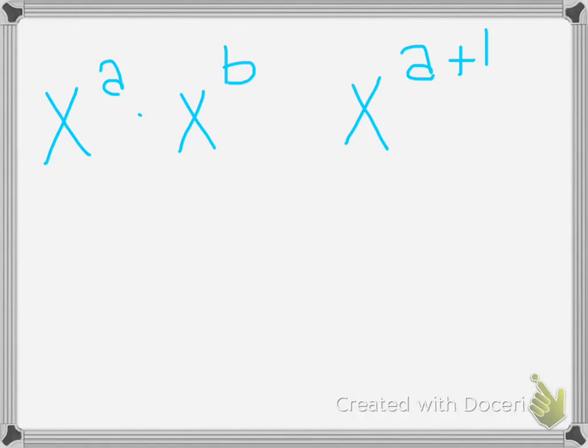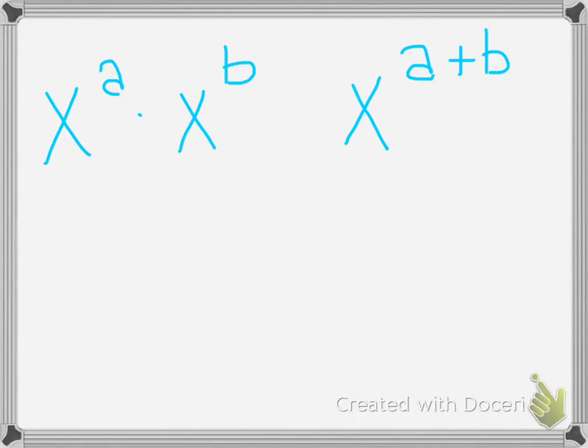So the multiplicative property is when you have x to the power of a times x to the power of b. So when you simplify this out, you actually end up adding the exponents. So you have x to the power of a plus b.